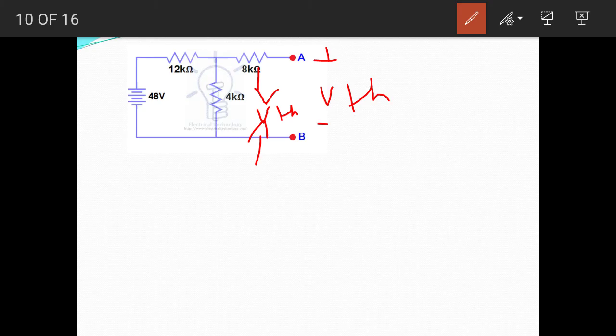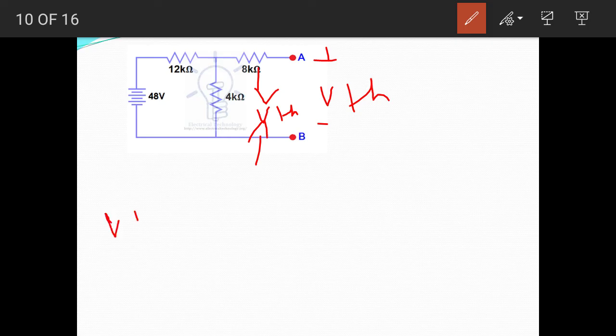Now we apply the voltage division rule. The voltage division rule states that if two resistors are connected in series and we have to divide voltage V across the resistances, then we write the resistance of that branch divided by the total resistance, into the total voltage.